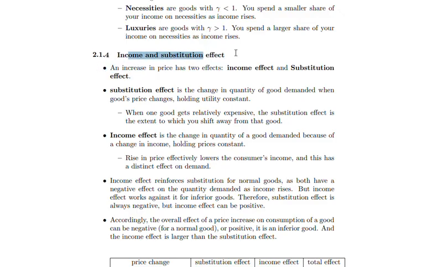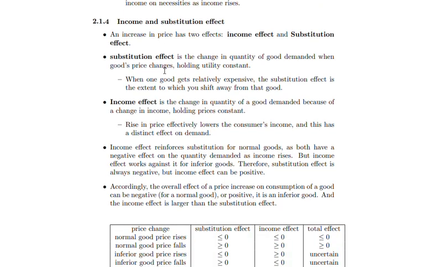Now we have another very important topic: income and substitution effects. They change how we consume goods, what quantity we should buy. An increase in price has two effects: the income effect and the substitution effect.